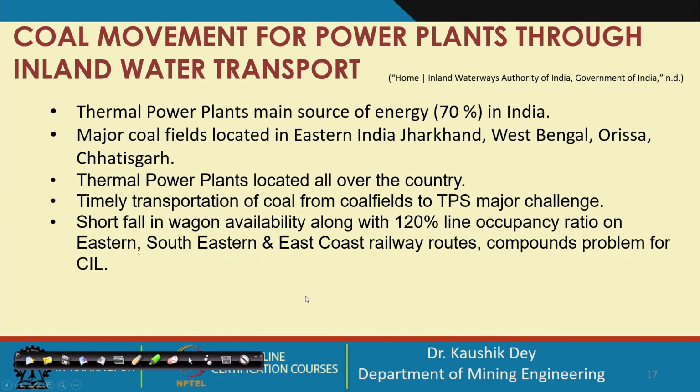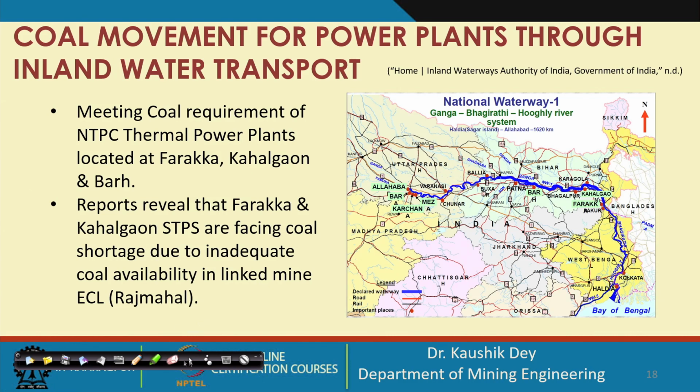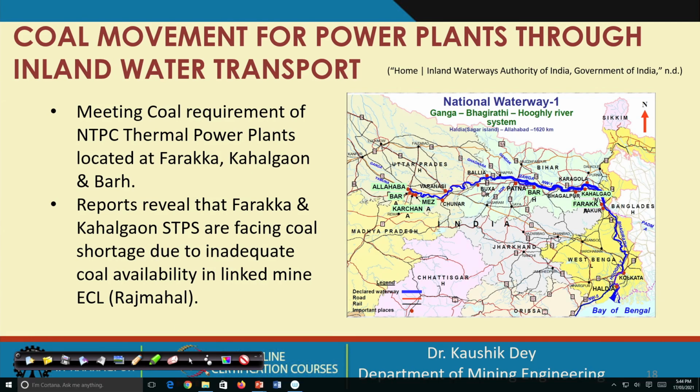So, that is a significant problem, and that is why an inland water transportation system may solve some of these problems. This is currently the available inland network, which is serving the NTPC plant at Farakka.